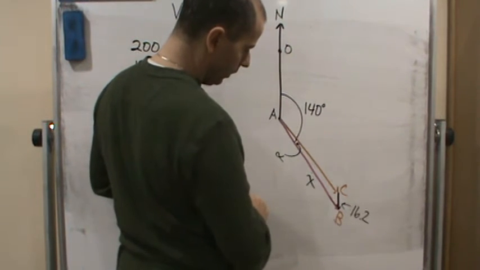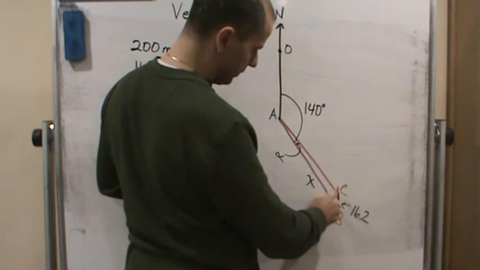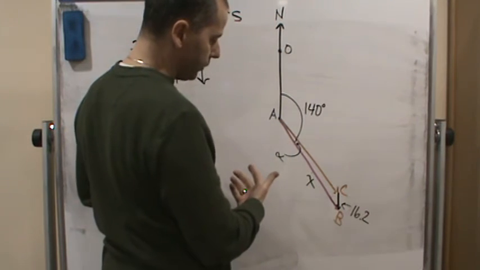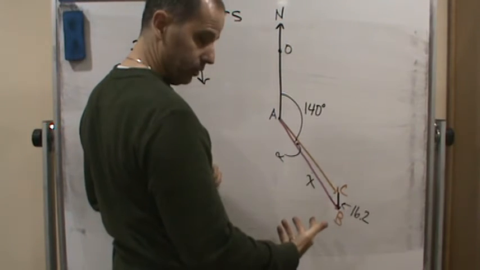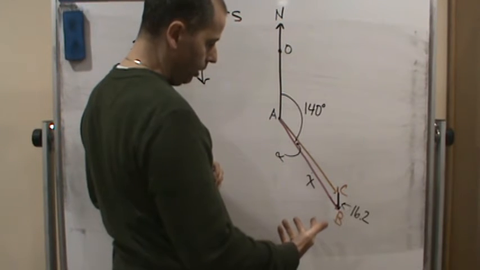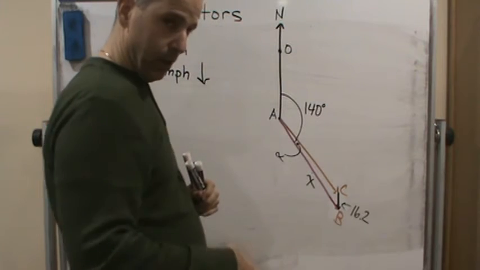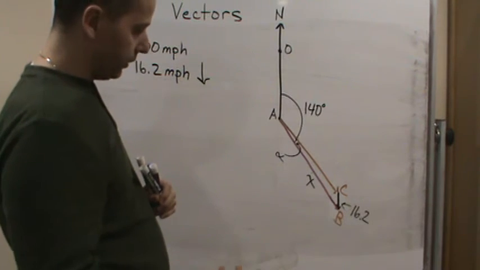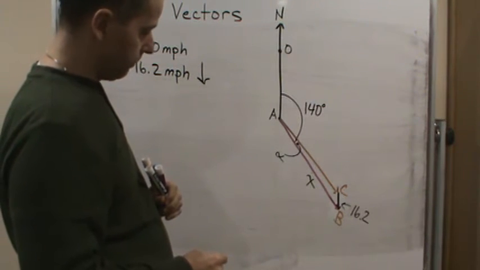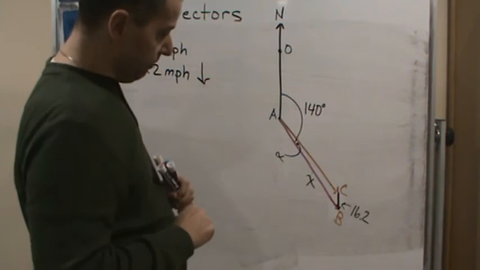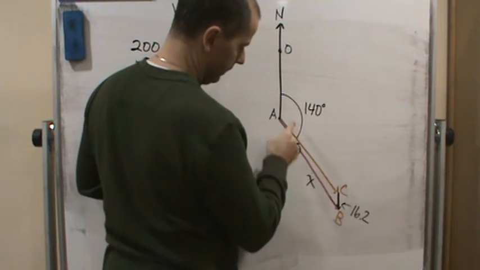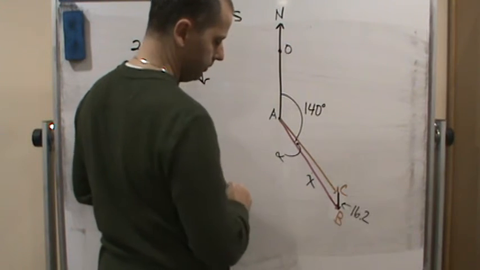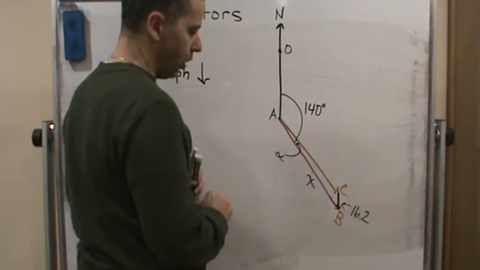This is a transversal, and what do we know about transversals? Alternating exterior angles are congruent and alternating interior angles are congruent. That's what we have here, alternating angles.